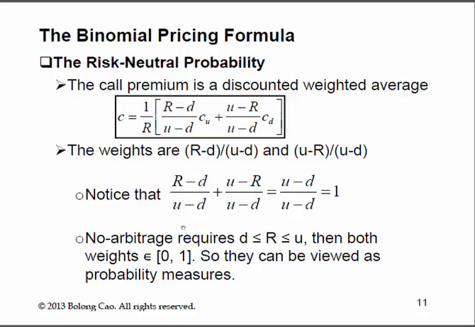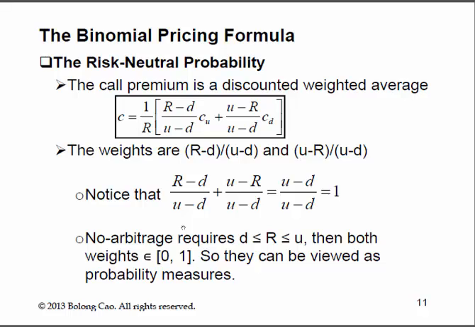So as long as the risk-free rate is between D and U, the down and up proportions, these two weights are between 0 and 1. They can be viewed as probability measures.